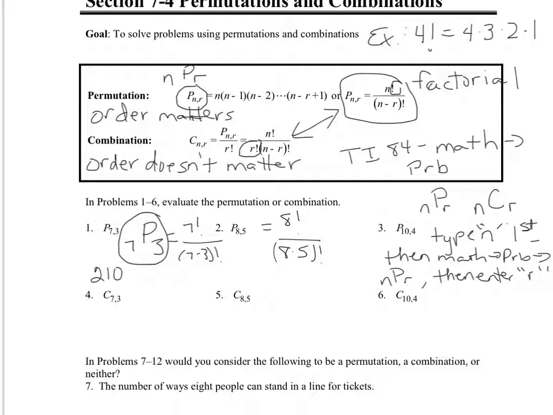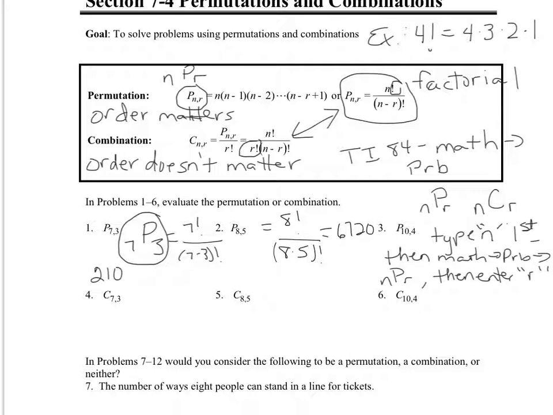And you could simplify it that way, or if you go to your calculator, you would type 8, then type math, arrow over to probability, choose number 2 for your permutation, and then type in 5. And what you should get back is 6,720.